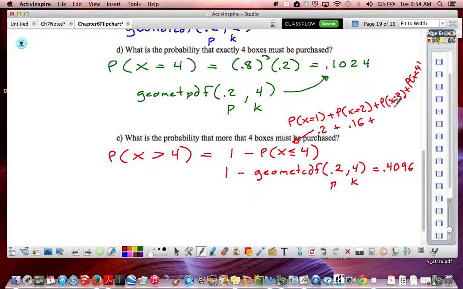This one here would be 0.128, I believe. We already knew 4 is 0.1024. I could add those up and subtract from 1. That one's not terrible, but this is where the calculator is really nice.